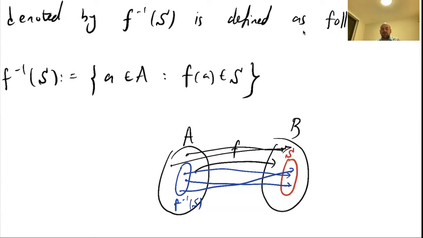But here we are defining f inverse of a set. For f inverse of a set, you have to use this definition. And to define f inverse of a set, your function does not have to be one-to-one, and therefore does not have to be invertible. This is just a notation, okay? It happens to be the same notation as the one you use for the inverse of a function. And that's why it's a little bit confusing.